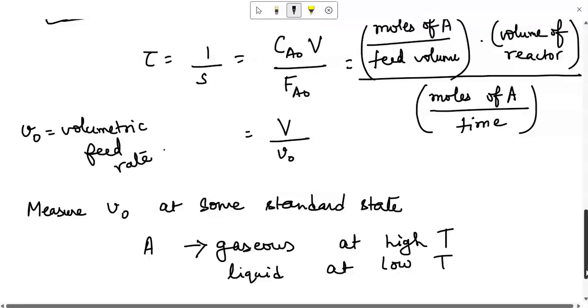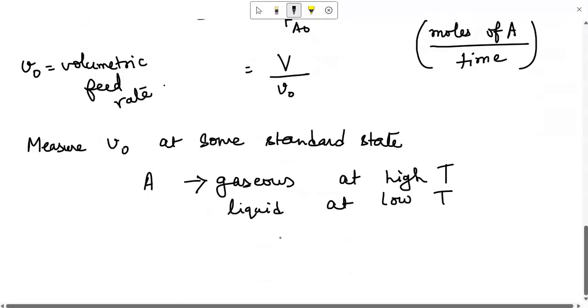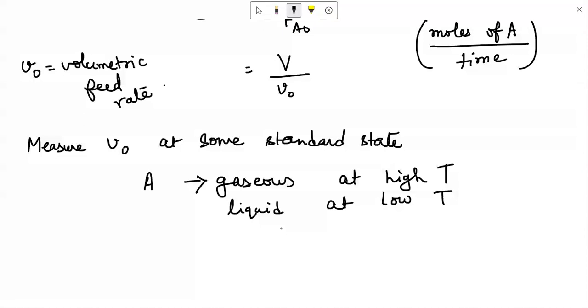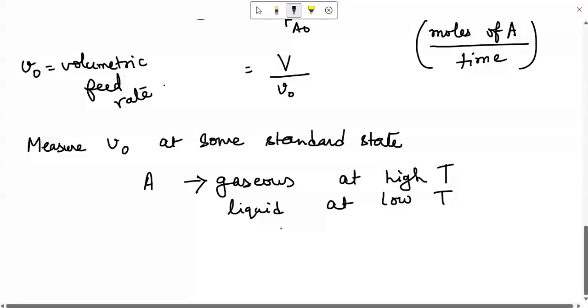Then you need a standard state to which you can refer, or rather a reference state, which will help you keep a measure between these varied conditions through which your reactor goes.